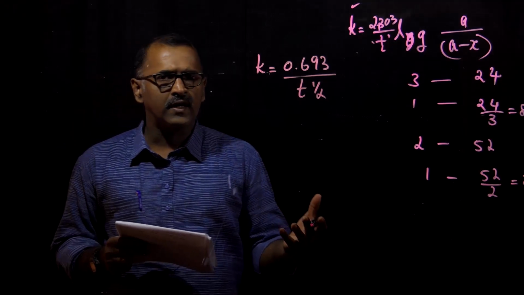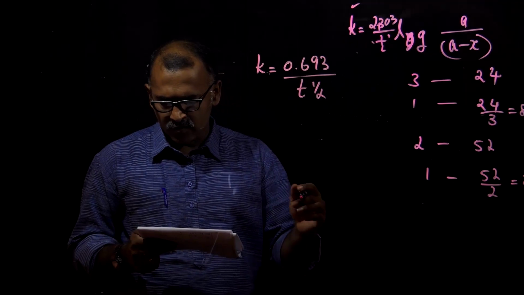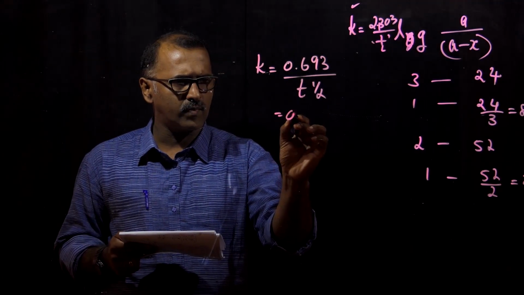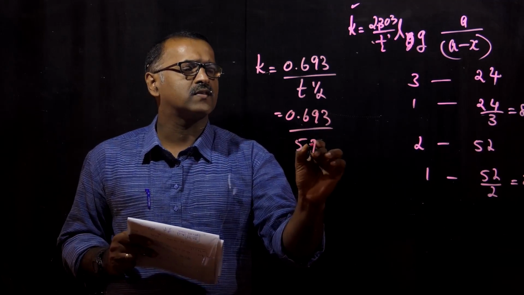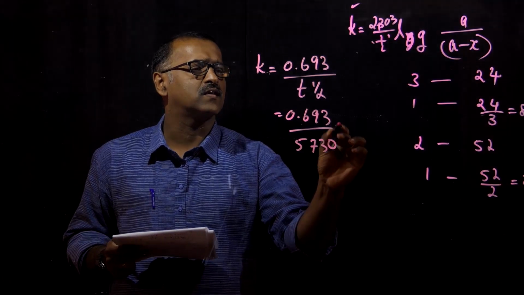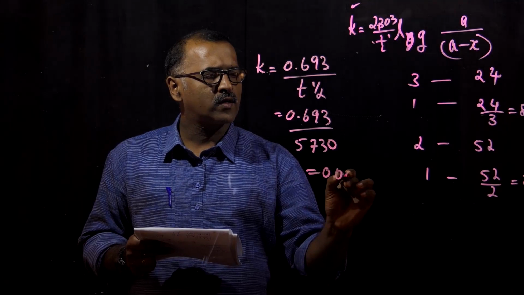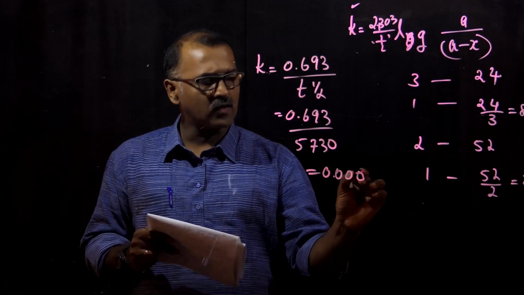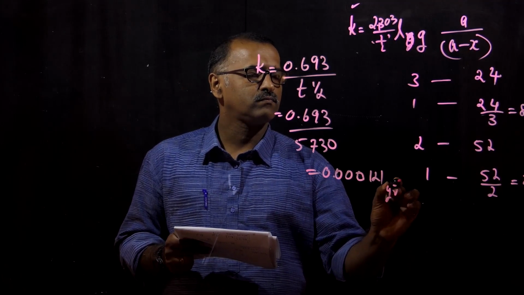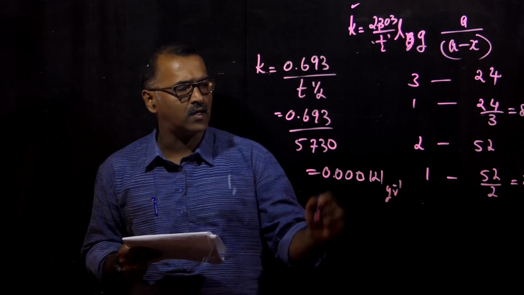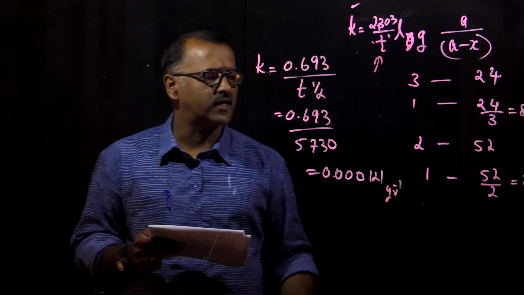We should know that this t half is independent of the initial concentration A. So k will be equal to 0.693 divided by our t half, which is given in the problem as 5730, which upon calculation will be equal to 0.000121 year minus 1. Since it is a first order rate constant, the unit is year minus 1.